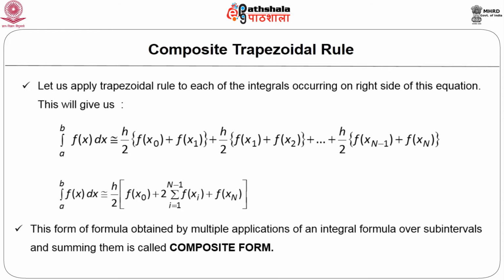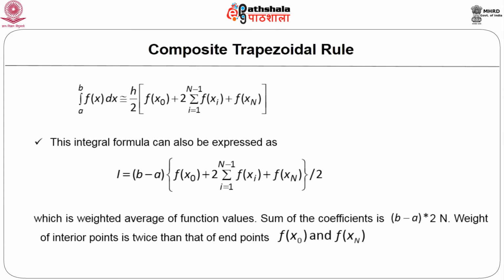This form of the formula, obtained by multiple application of the trapezoidal rule on each of the sub intervals and adding these values, is called the composite form of the trapezoidal rule. Let us review this composite form. This h we can also write as (b minus a) by n.